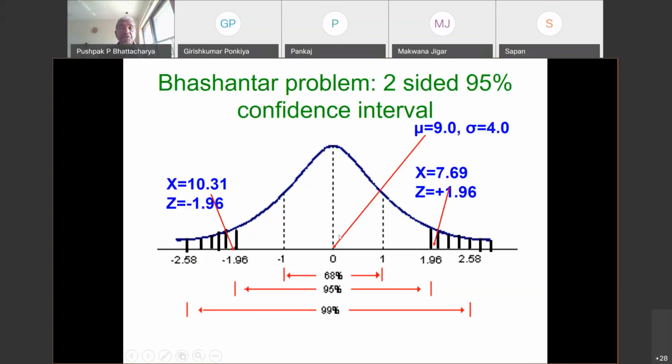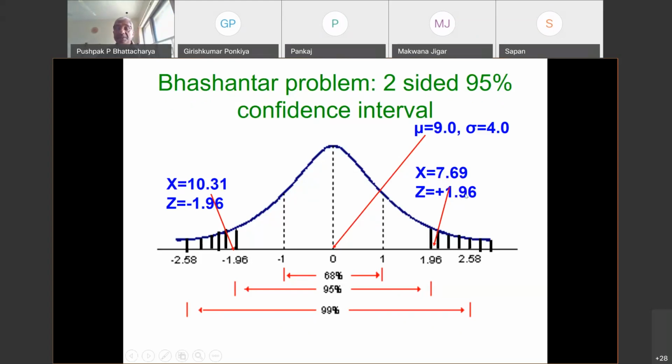So for the Bhashantar problem, we see that x equal to 10.31 will give me z equal to minus 1.96. And x equal to 7.69 will give me z equal to plus 1.96. So to be within this interval minus 1.96 to plus 1.96, the blue score has to be between 7.69 to 10.31.